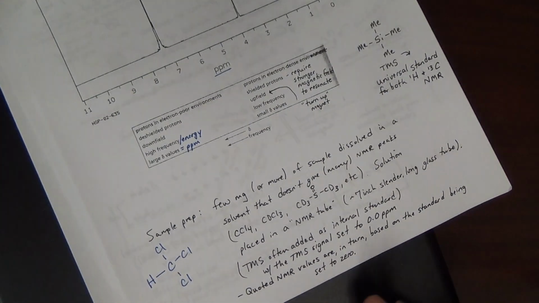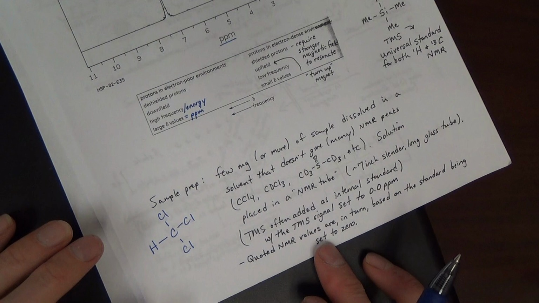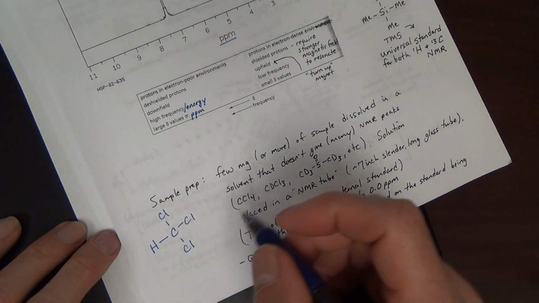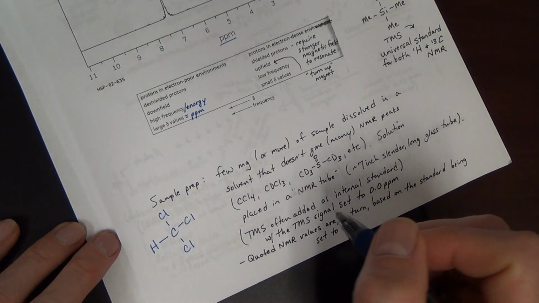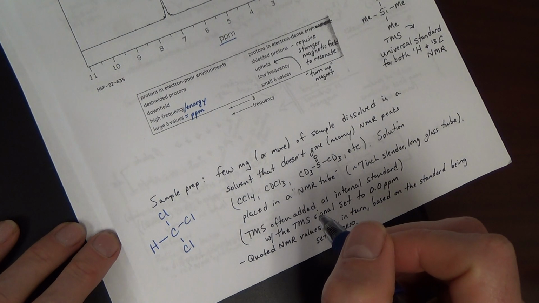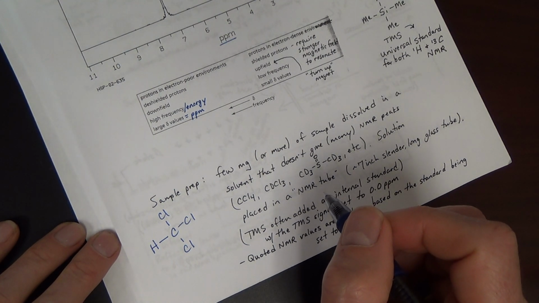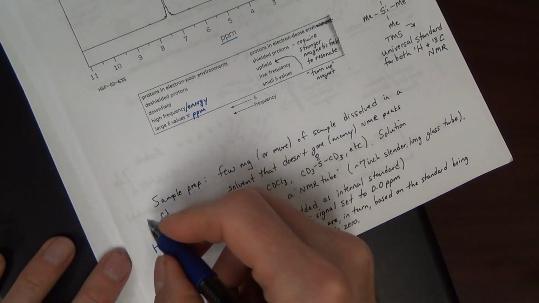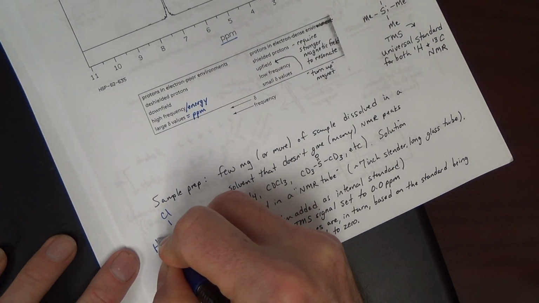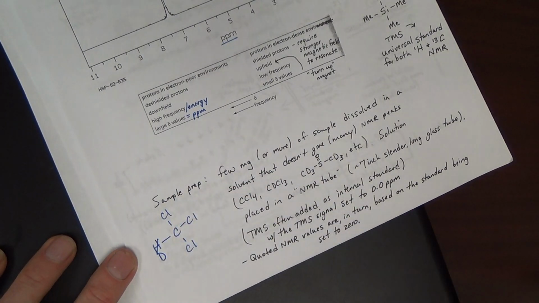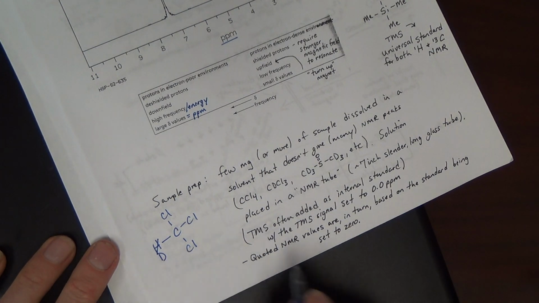Well, so where does that leave us? Well, there's a variety of tricks you may do here, but one sort of ingenious trick that chemists have done is replace this H with a deuterium, which is just an isotope of hydrogen.